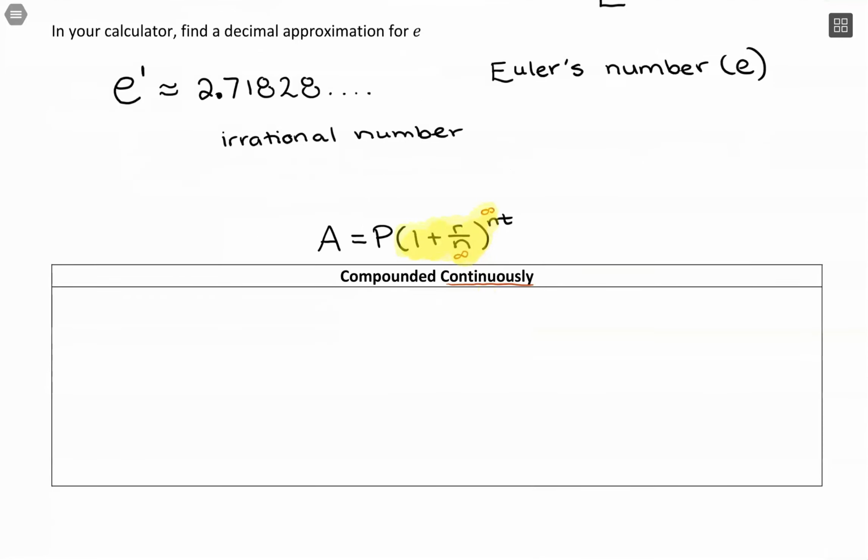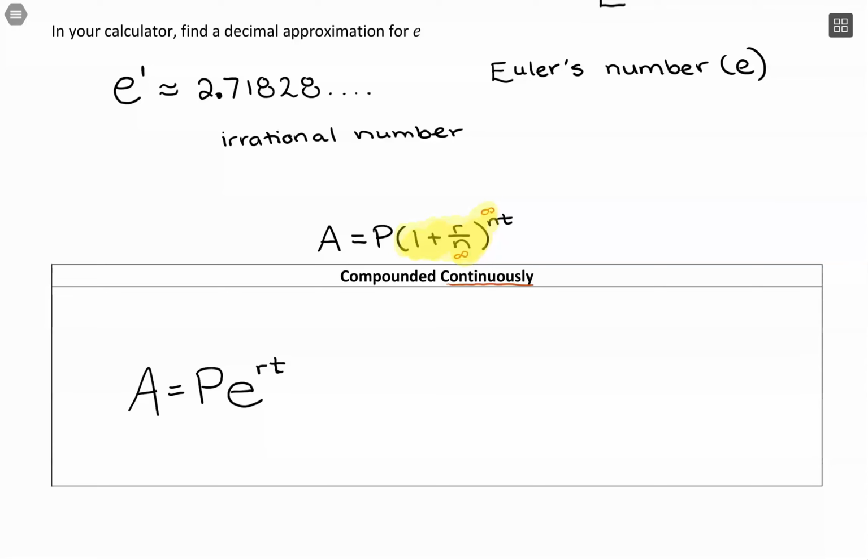So our formula for compounding continuously, to find the balance of the account, is our principal, and then this yellow part that I highlighted here can be replaced by e. In the exponent, that's where our rate will come in: our rate times time for the number of years. So that's our formula when you see compounded continuously.